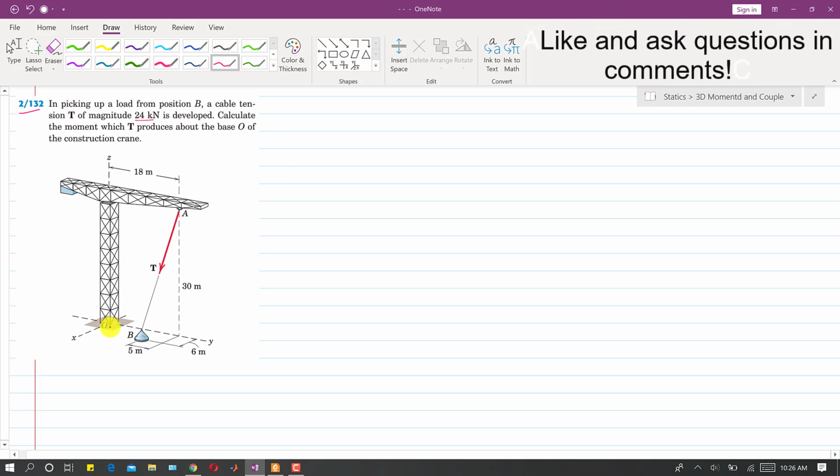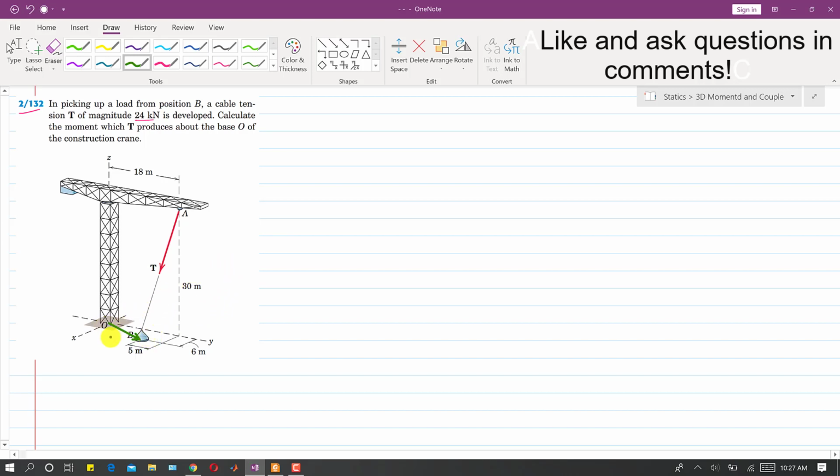So let's assume that this O is the origin. We will draw our moment arm vector, let's suppose. From this point we can draw this moment arm as well. So let's suppose I have this moment arm from this O to B point.